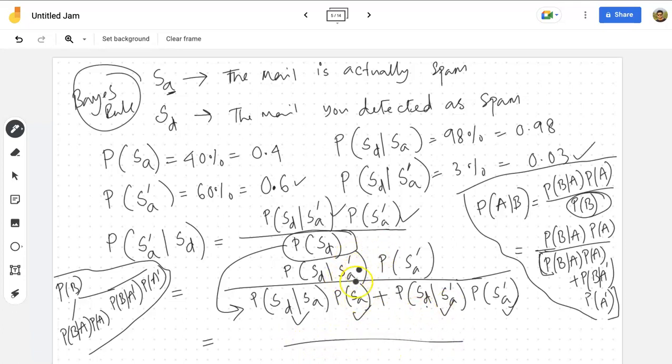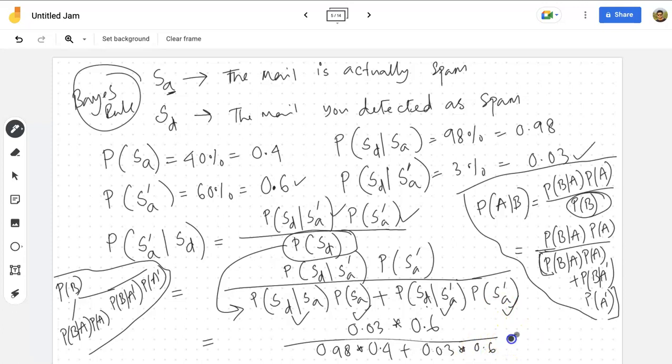I hope it is 0.03 into 0.6 in the numerator. The denominator is 0.98 into 0.4 plus 0.03 into 0.6.